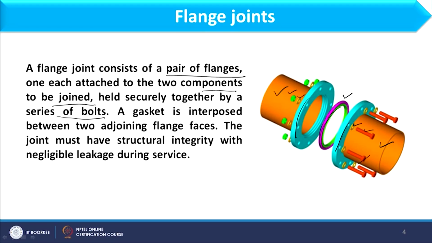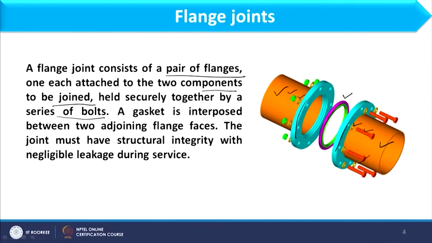When I am designing flanges, I will calculate the number of bolts, and that will depend on how much load it needs to carry. The number of bolts will be decided accordingly, but it will always be a multiple of 4. A gasket is interposed between two adjoining flange faces. The joint must have structural integrity with negligible leakage during service.